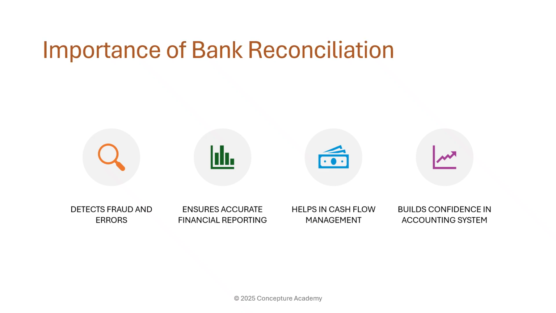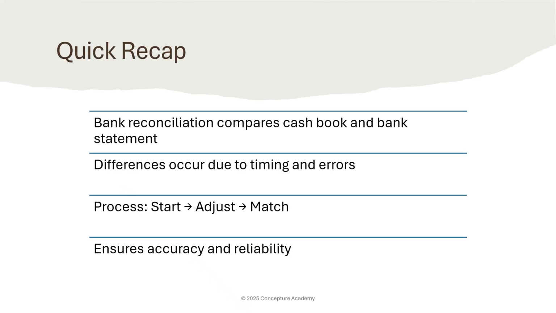A few things are very important to remember about bank reconciliation, because it is not just a routine task, it is an important control tool. It helps us detect fraud, ensures that our reporting is accurate, and assists in proper cash flow management, which builds our confidence in the accounting system. Now let's have a quick recap.